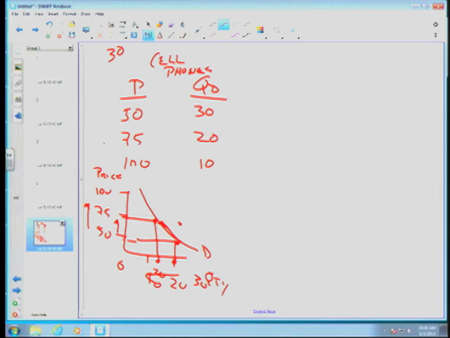A change in price will move us from one point on the curve to another and will result in a change in quantity. Changes in prices lead to changes in quantities. So far, so good?